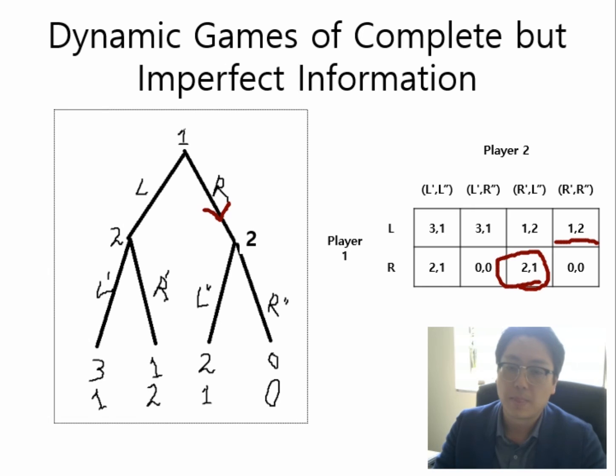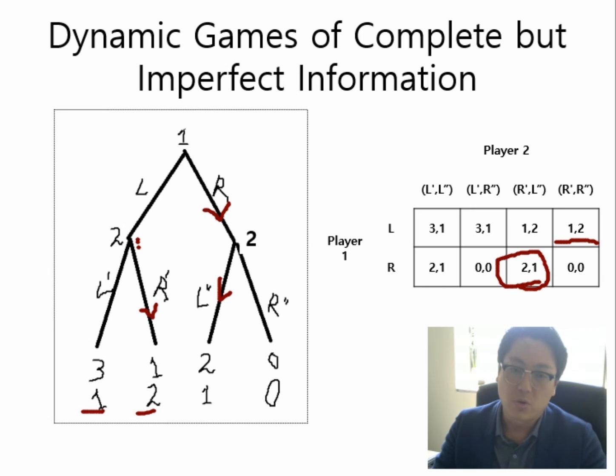Let's think about this equilibrium: R, R', L''. Even if this node is reached by chance, then 2 is better than 1, so the second player will choose R'. So at this node, the second player is choosing L'. In that sense, the first player doesn't have any incentive to deviate from playing R, since even changing to L, what the first player can get is 1.